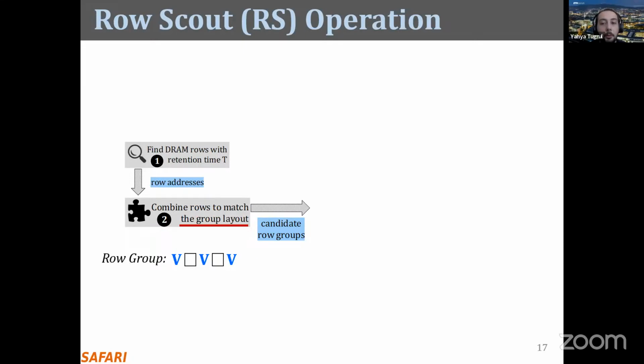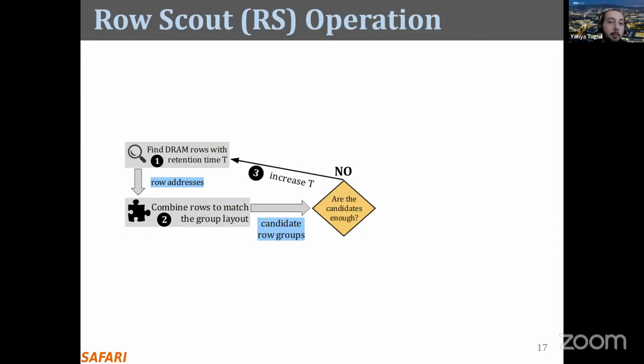Depending on how many rows are found in step 1 and how many of them can be combined to match this particular row group layout, step 2 outputs a set of candidate row groups. If the candidate row groups are fewer than needed, Row Scout increases T and goes back to step 1. Otherwise, Row Scout needs to make sure these candidate rows are consistent.